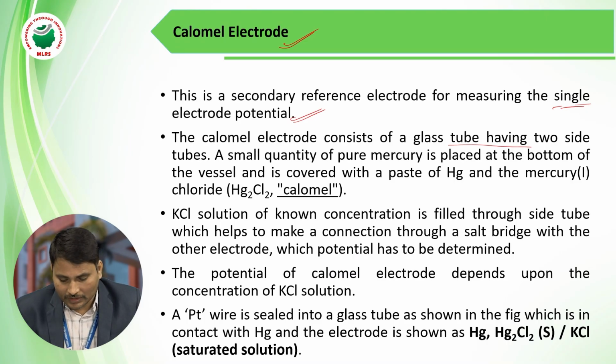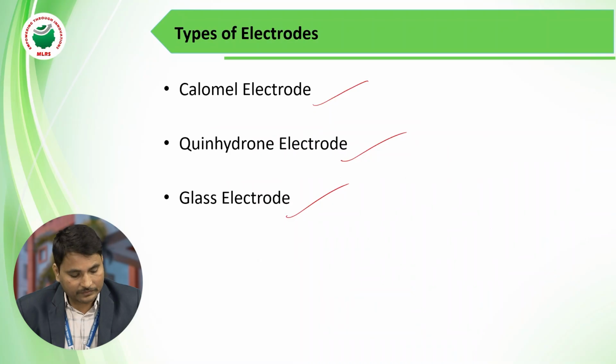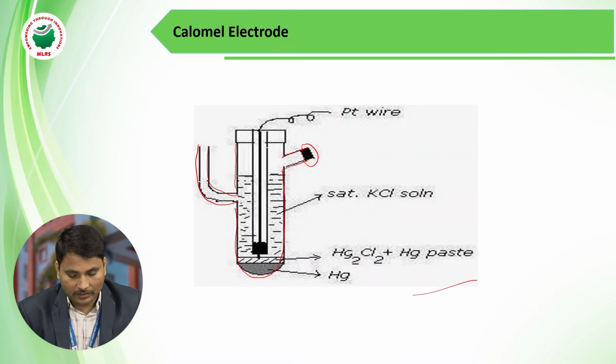A small quantity of pure mercury is placed at the bottom of the vessel. You can see this electrode is filled with saturated KCl solution, and below the KCl solution at the bottom, this black color is mercury.